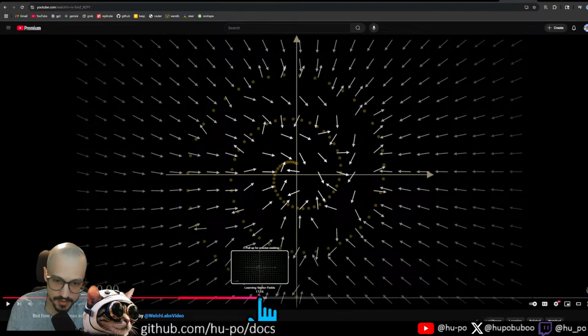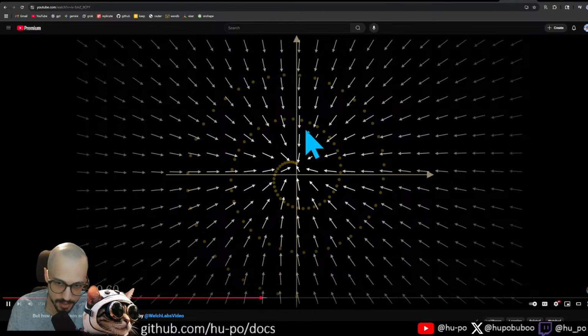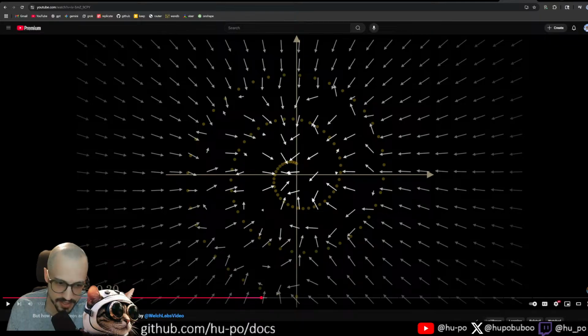Here it is. So this is the field changing over time. So you can see initially it just kind of points you to the center. And then there's a very interesting kind of point here, right? So as soon as it goes from like 0.5 up to 0.6, right? It goes through that 0.4. There's this kind of almost like phase change, if you want to use that terminology, where suddenly it goes from pointing generically towards the center of your distribution towards pointing specifically to an area, a very small area of your distribution.